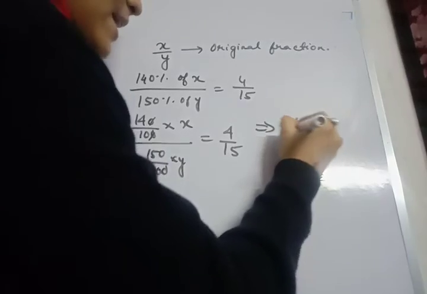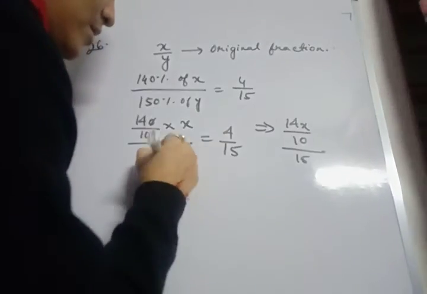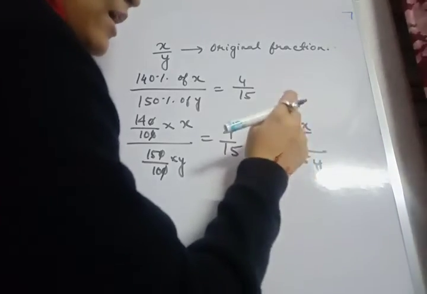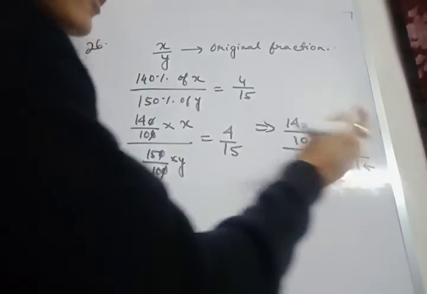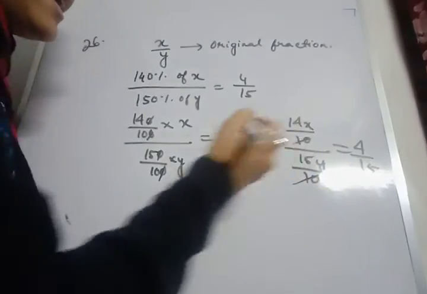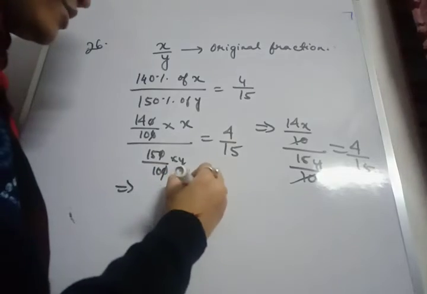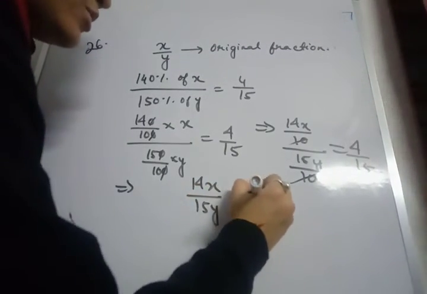Or I can write 14x by 10, 15y by 10 equals to 4 by 15. 14x by 10 divided by 15y by 10, 10 gets cancelled. So I can write 14x by 15y equals to 4 by 15.